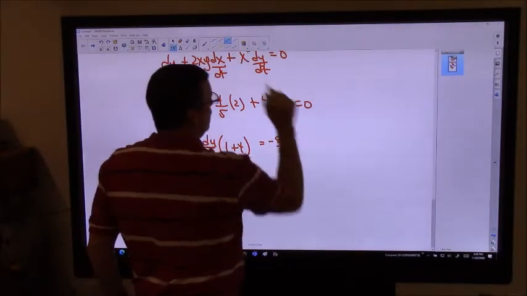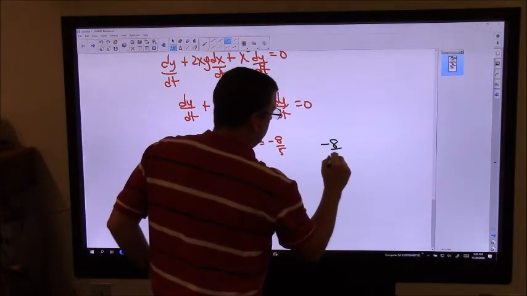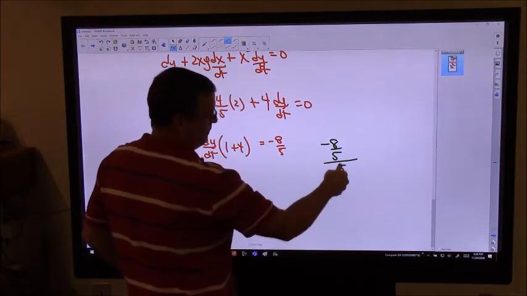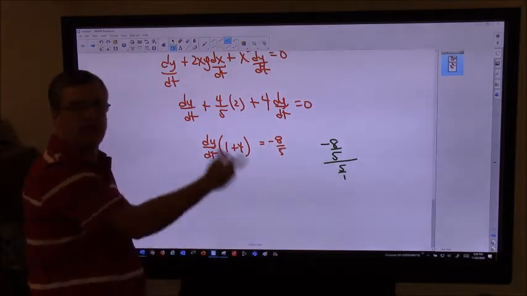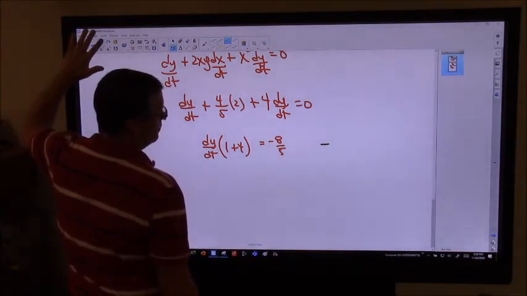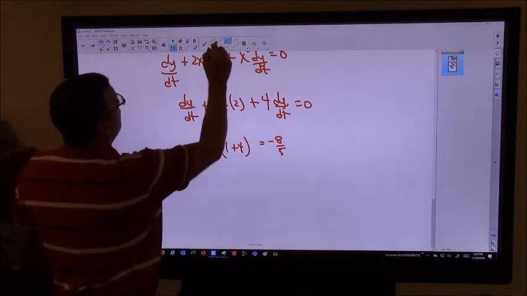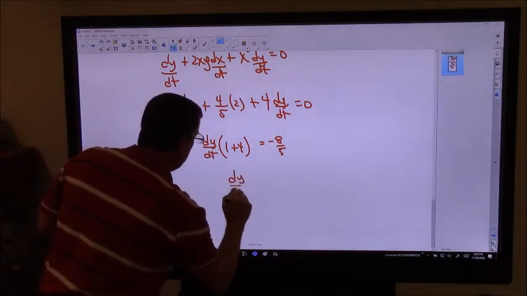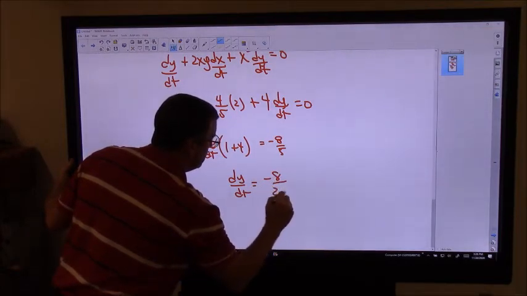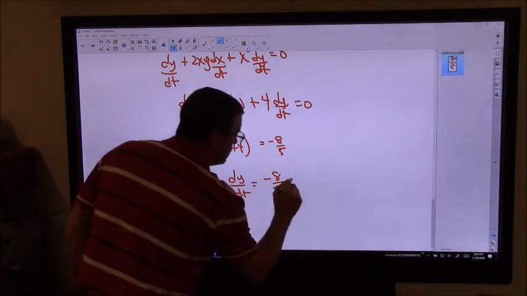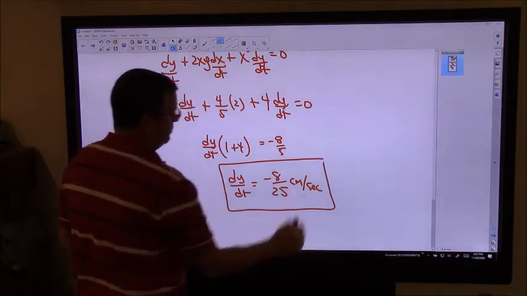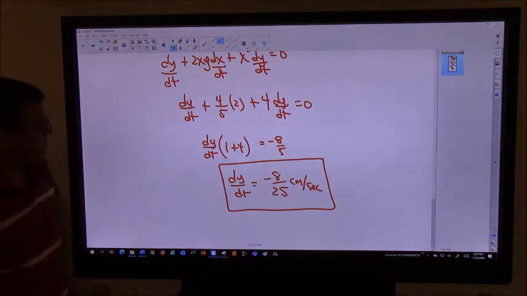Right? If I come over here and go a negative 8/5 divided by 5, which would be 5 over 1, I got to flip this over and multiply, and so that 5 just ends up right in the denominator. All right? So that means that dy over dt is going to equal a negative 8/25 centimeters per second. There's my answer.